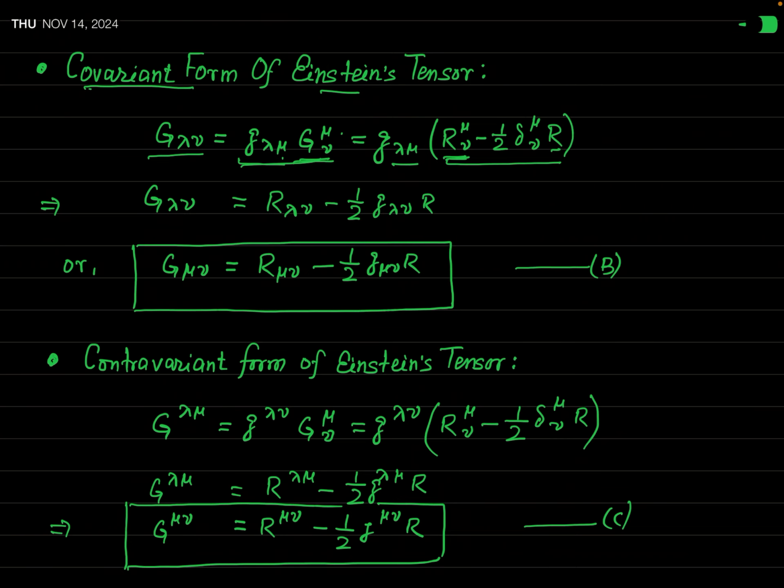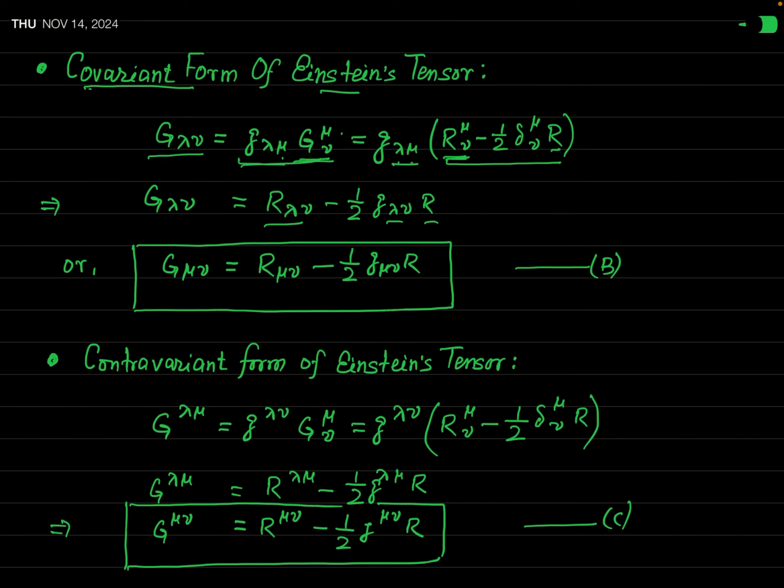You can see the common index mu will be omitted and our result will be R lambda nu. Here there is lambda, here there is nu, and in the second term again mu will get omitted and this will be equal to g lambda nu times R.